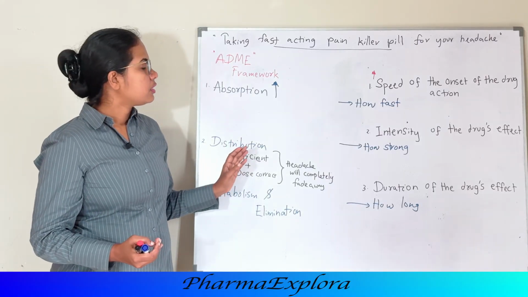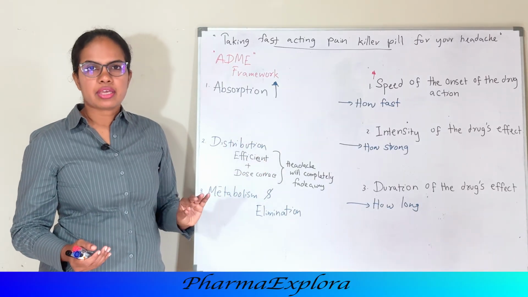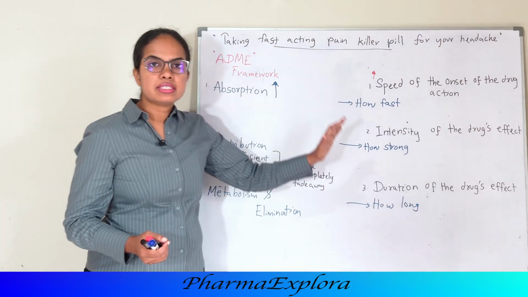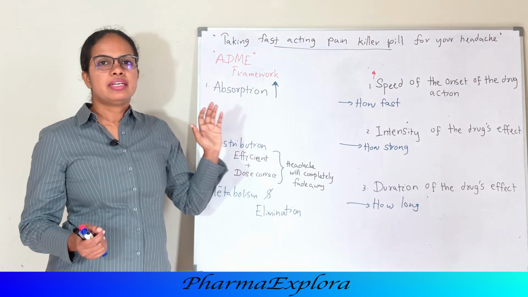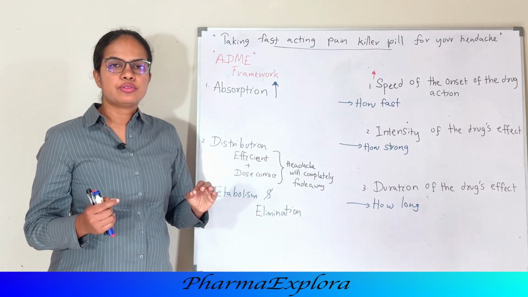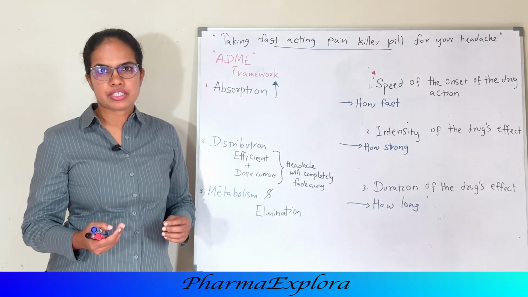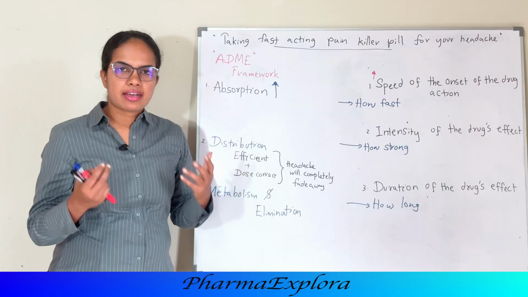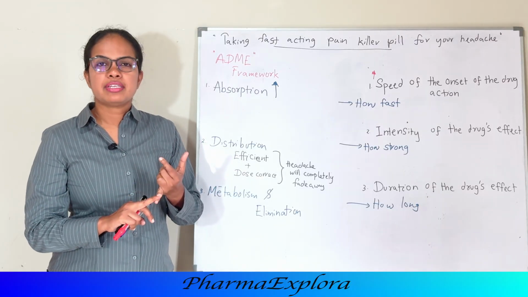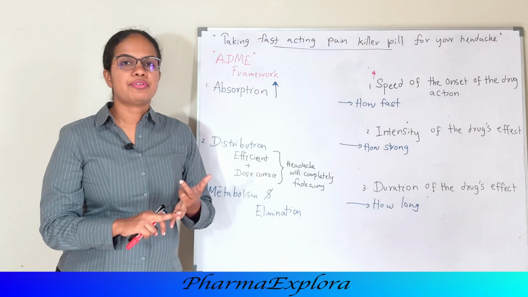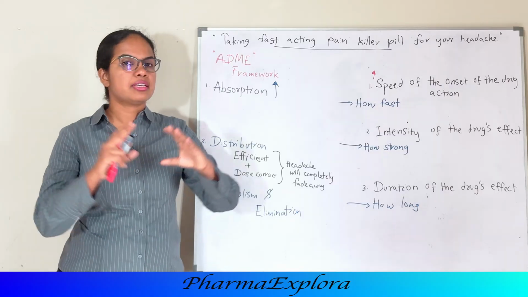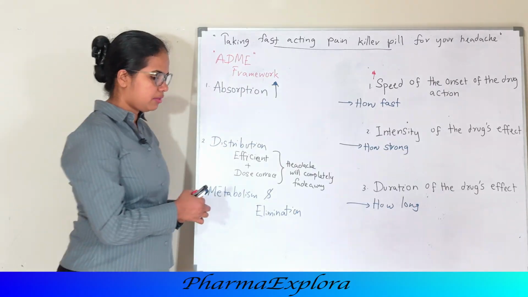Now, this is very important. Why? Using this data, clinicians design and optimize the treatment regimes. So they decide the best route of administration, the dose and the frequency, as well as the whole duration of the treatment.